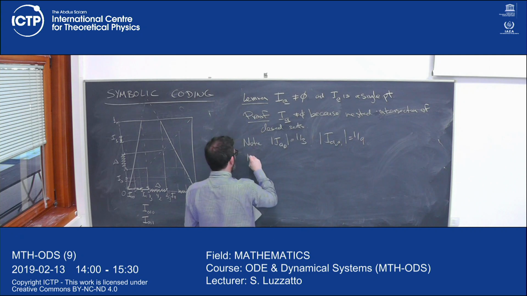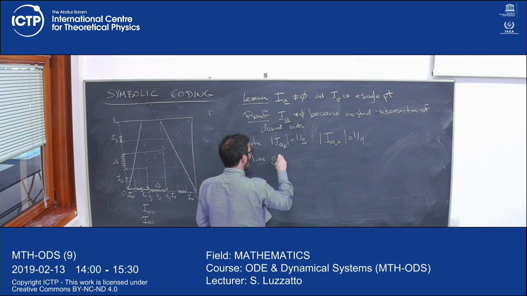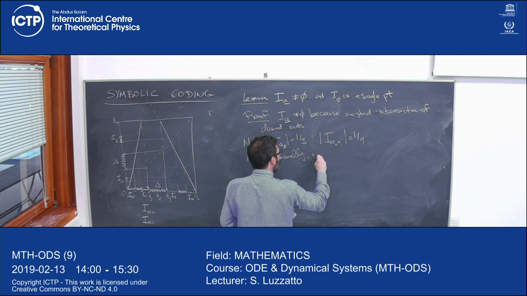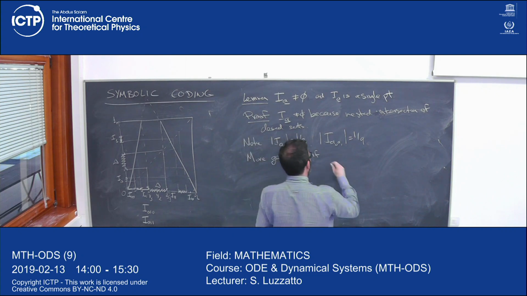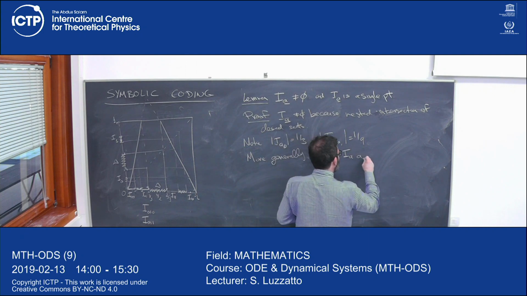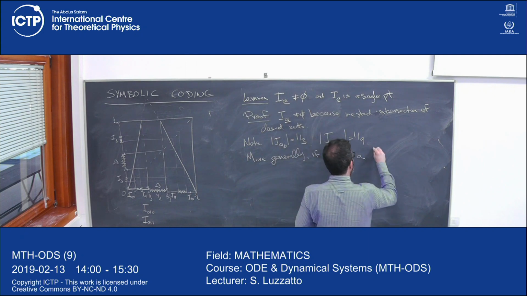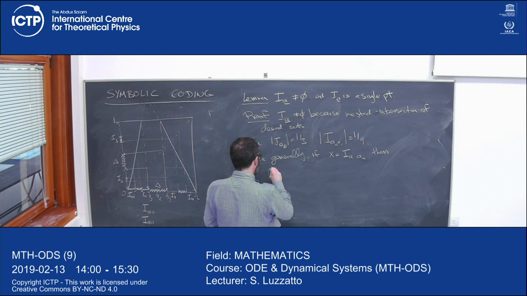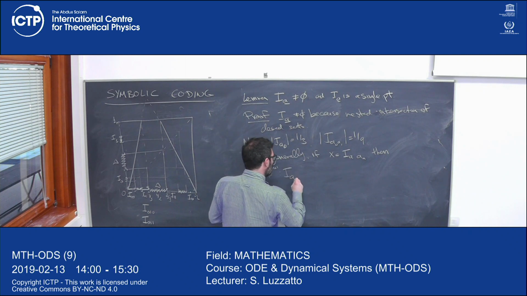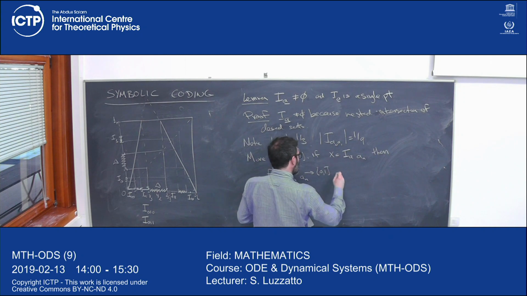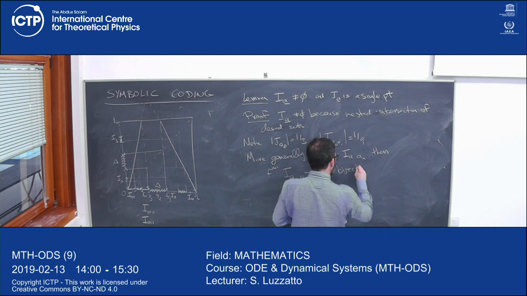More generally, so if x belongs to A0 to AN, then, as we said before, Fn plus 1 maps A0, AN to 0, 1 bijectively.